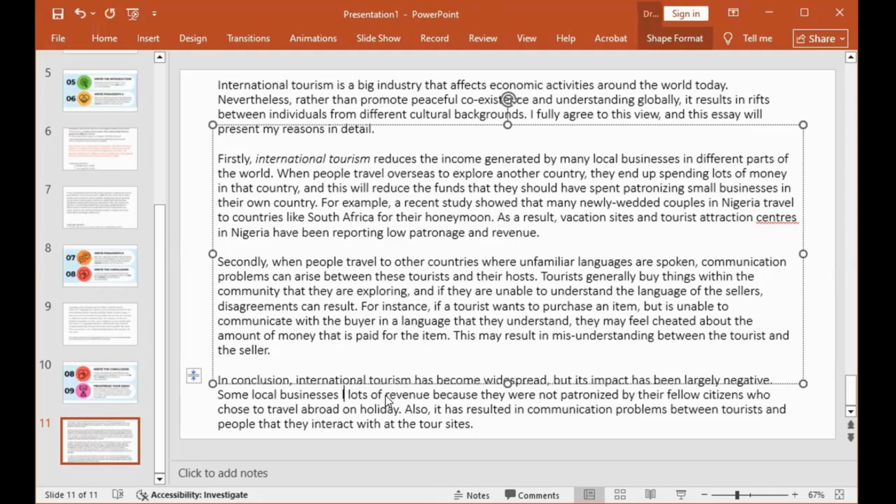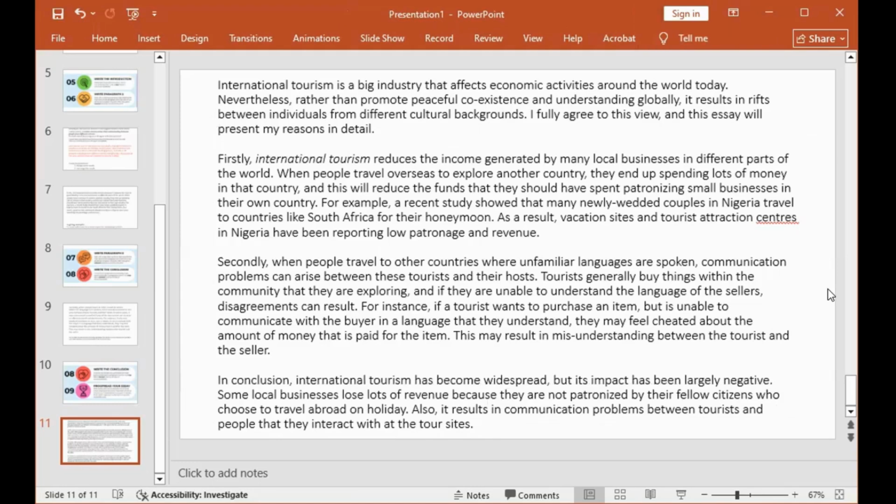Some local businesses lose lots of revenue because they are not patronized by their fellow citizens who choose to travel abroad on holiday. Also, it results in communication problems between tourists and the people that they interact with at the tourist site. Full stop. That's all for our essay.